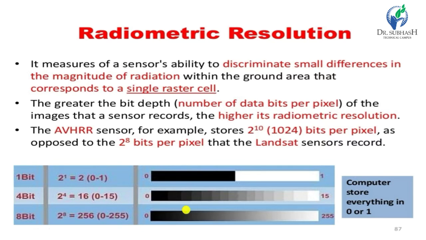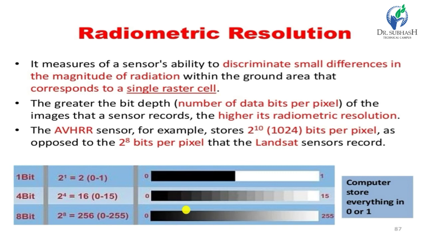Next is the radiometric resolution. It measures the sensor's ability to discriminate small differences in the magnitude of radiation from the ground area corresponding to a single raster cell. The greater the bit depth, the higher our radiometric resolution.